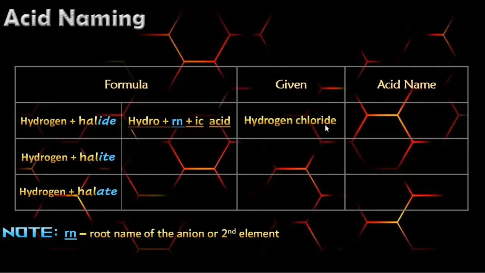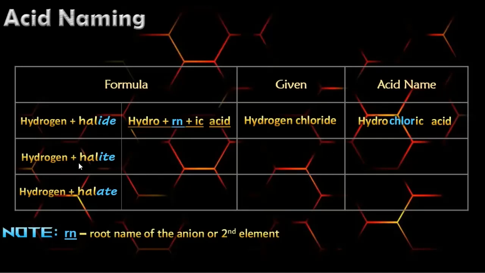Take note, the anion ends with IDE. So let's use the formula: hydro, plus the root name of chloride, which is chlor, plus IC, and the second word is acid. Therefore, the acid name for hydrogen chloride is hydrochloric acid.